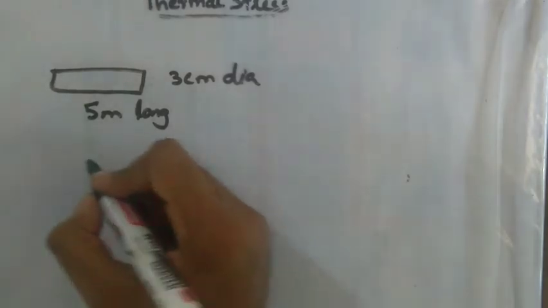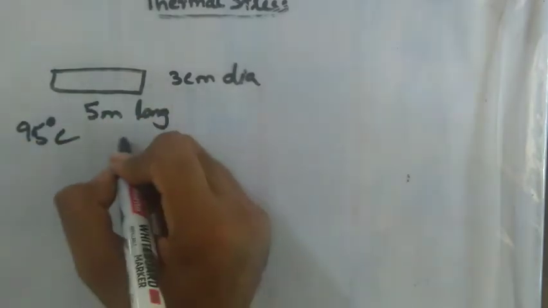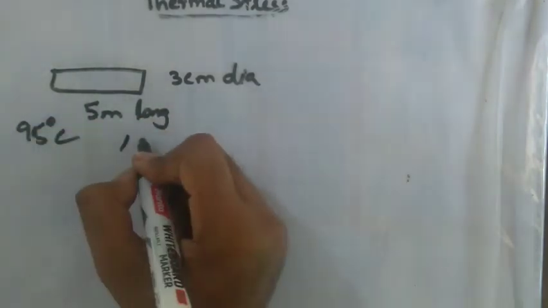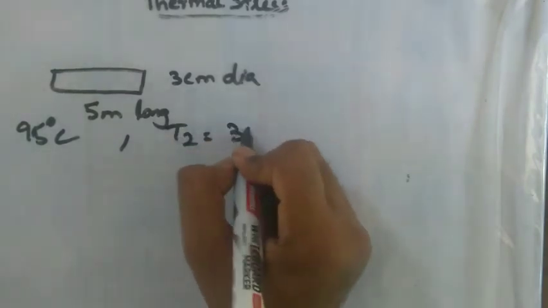The initial temperature T1 is 95 degrees Celsius, and after some time it is lowered to 30 degrees Celsius.